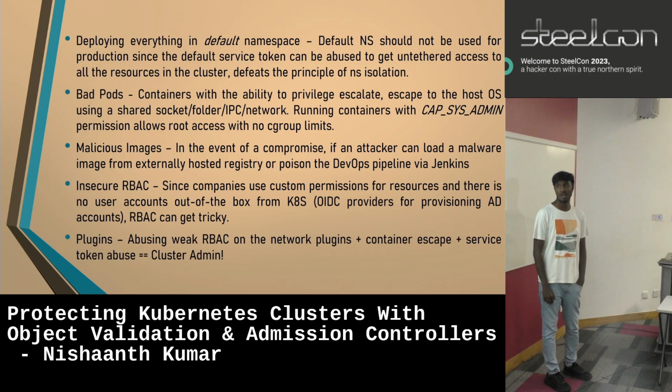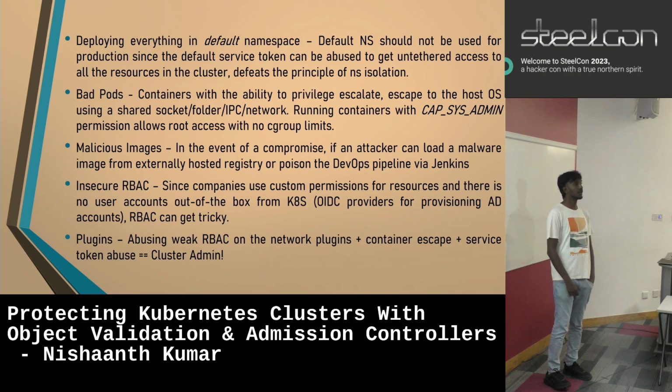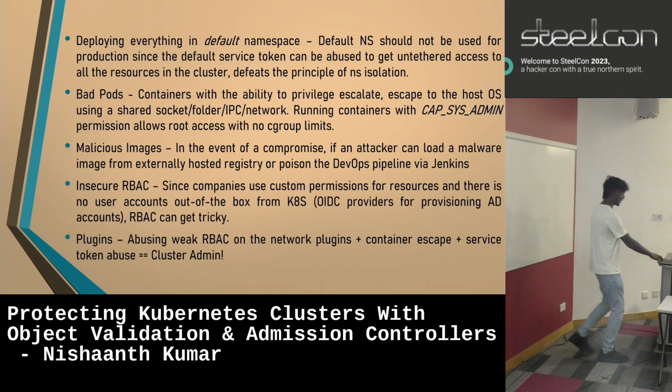Recently, I think this year or last year, there was a talk at Black Hat about how people abused plugins. I think Palo Alto abused plugins to escape a container and get cluster admin, just because the plugins had bad RBAC. I've also included the link for that specific talk in the references.